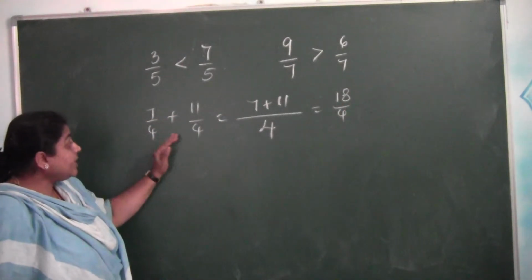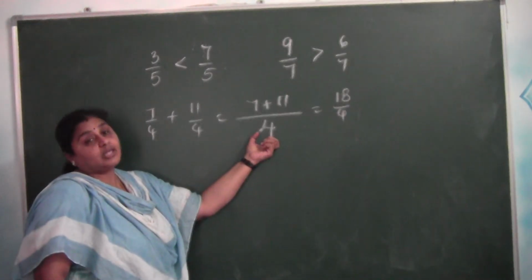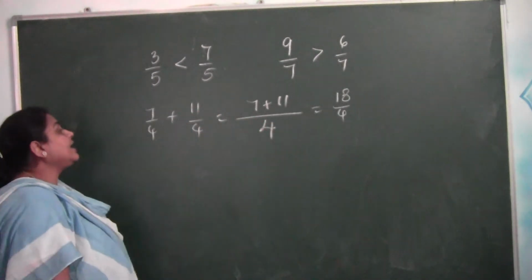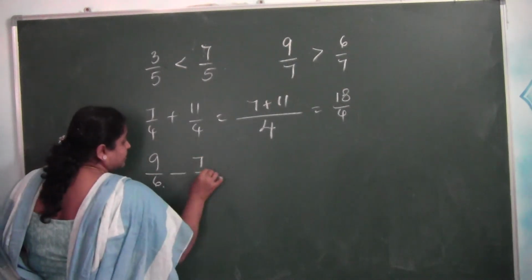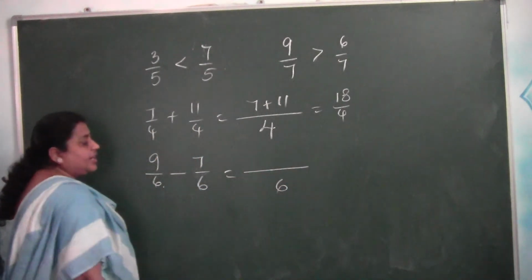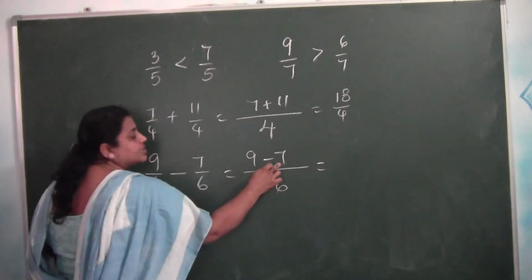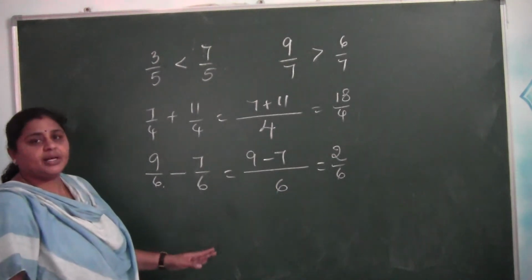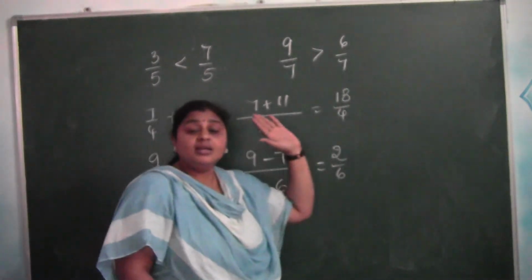Similarly for subtraction, 9 by 6 minus 7 by 6. We write the same common denominator and subtract the numerators. 9 minus 7 is 2 by 6. That is simple in addition and subtraction. Okay, so this is comparing like fractions.